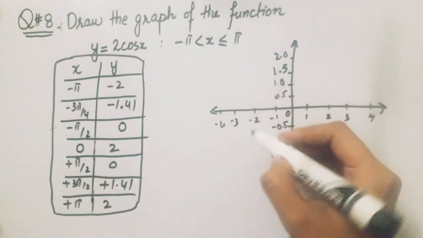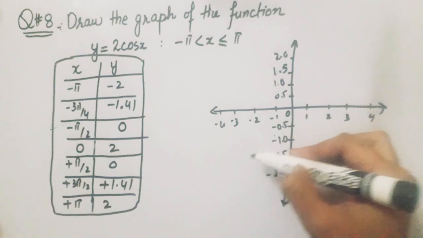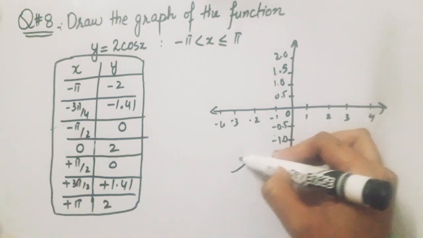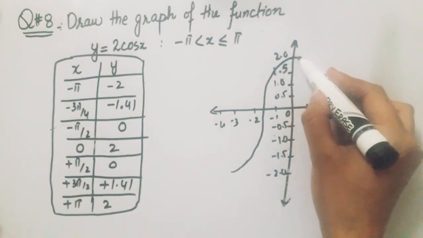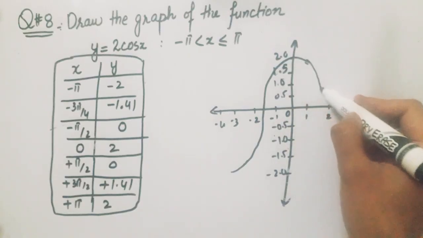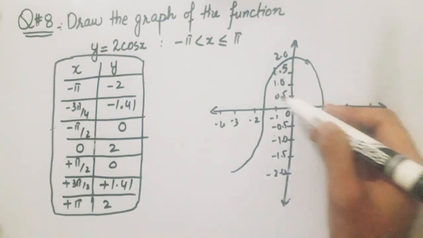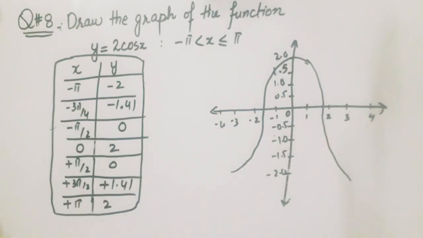Now the shape of the graph will be like a curve starting from minus pi up to the maximum value. The shape of the graph is like this.